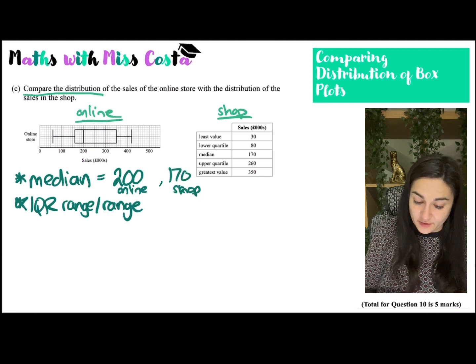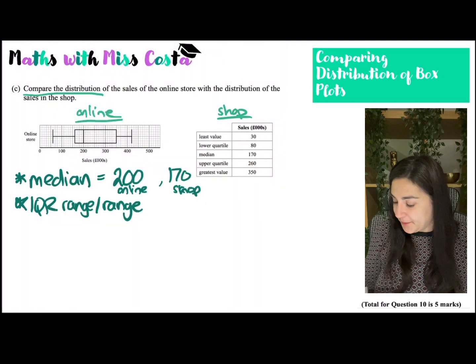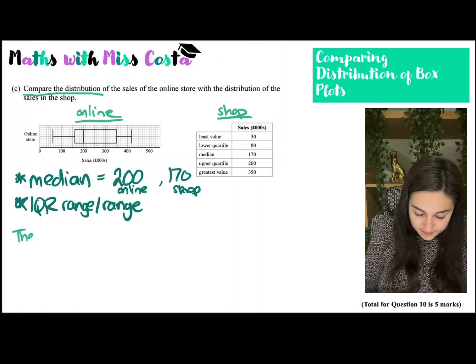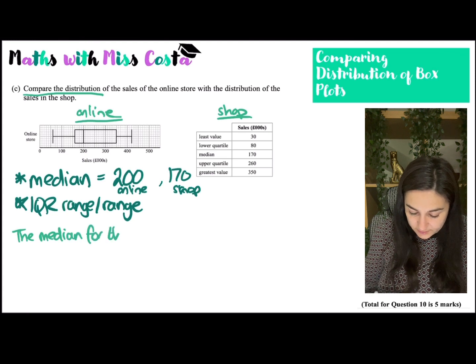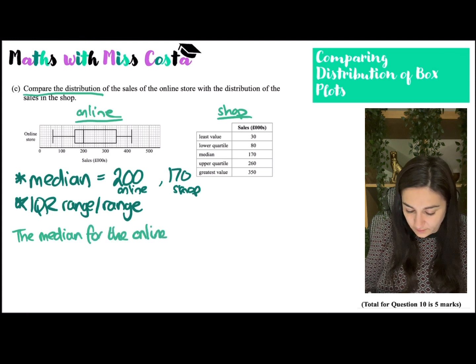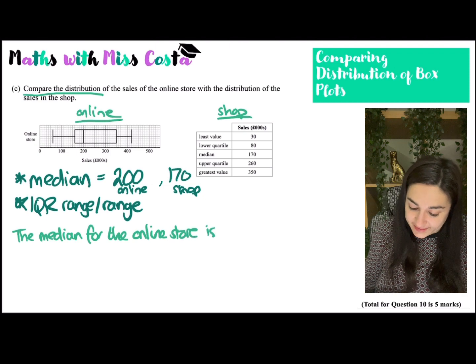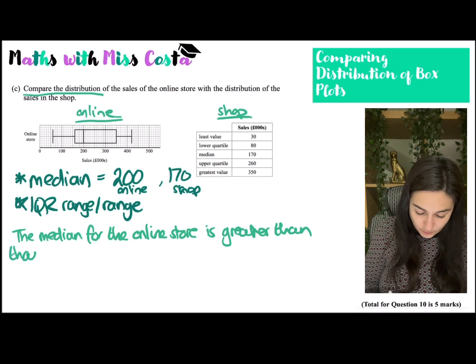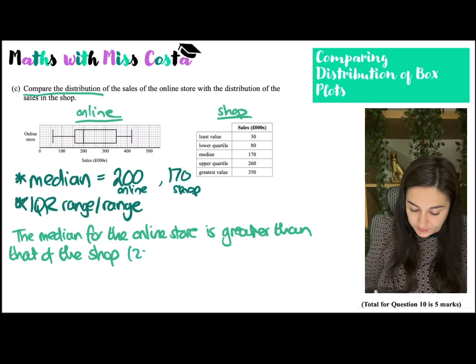So the statement I would write is the median for the online store is greater than that of the shop. And you can put your values in, so 200 versus 170.